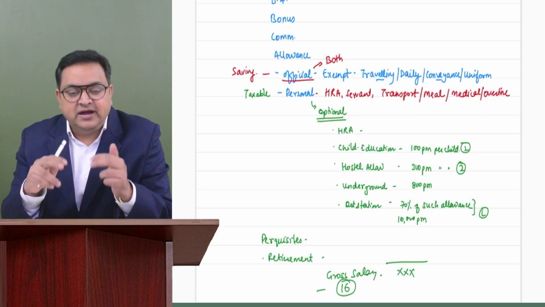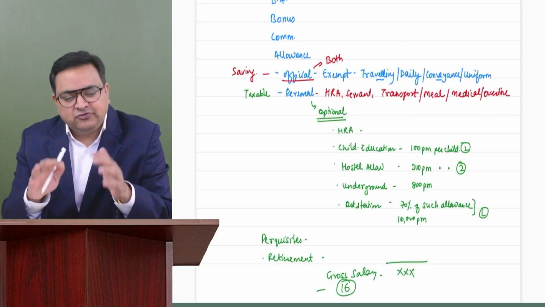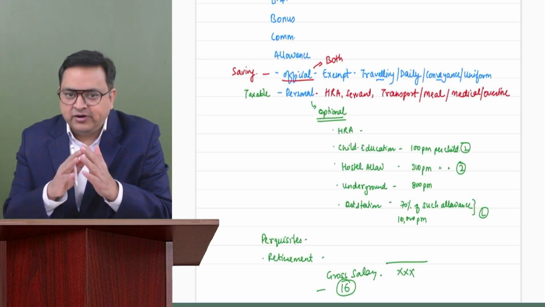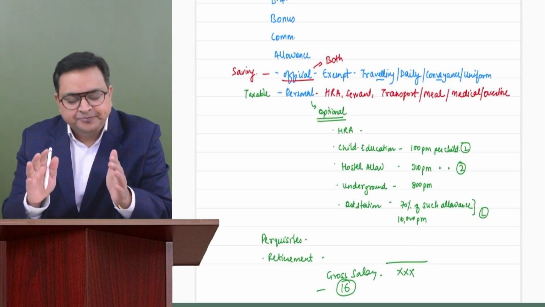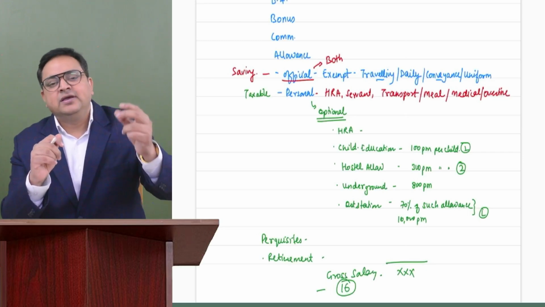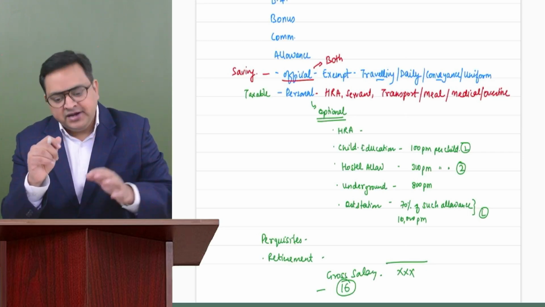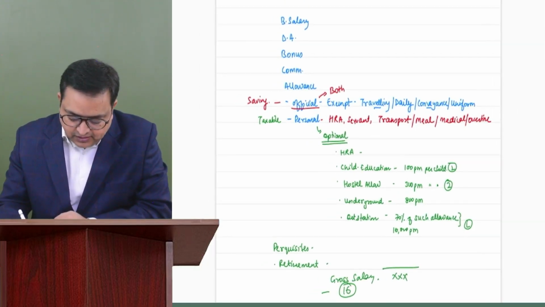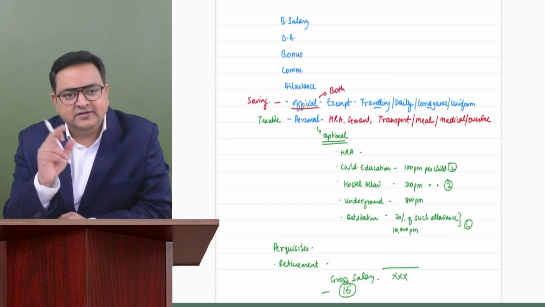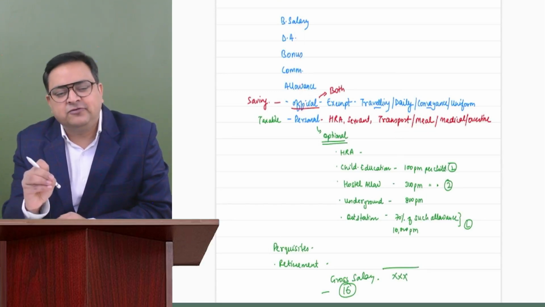The other two deductions, entertainment allowance deduction and tax on employment deduction, are only and only available under optional regime. They are not available under default regime. Got it? So what about entertainment allowance deduction? See, entertainment allowance is a personal allowance. So first of all, if the assessee is getting entertainment allowance, please first of all make it taxable.